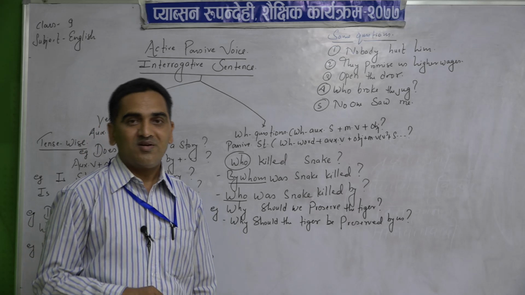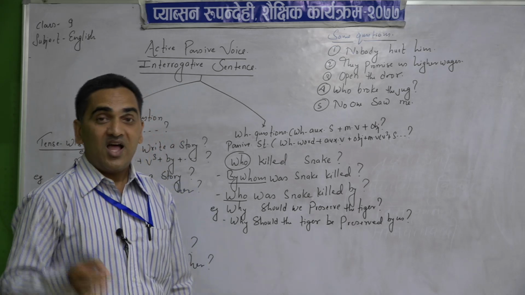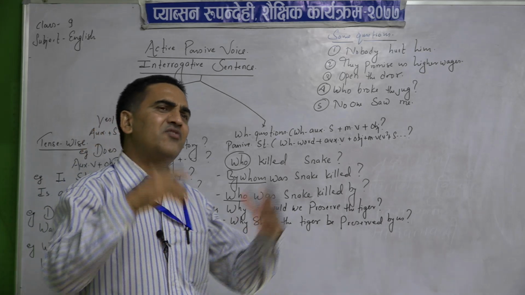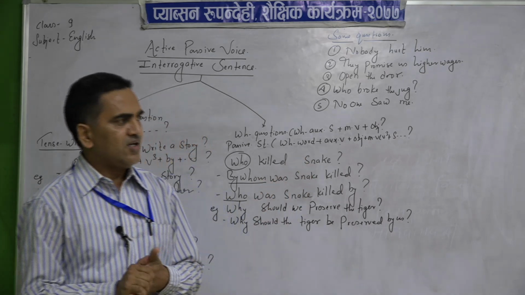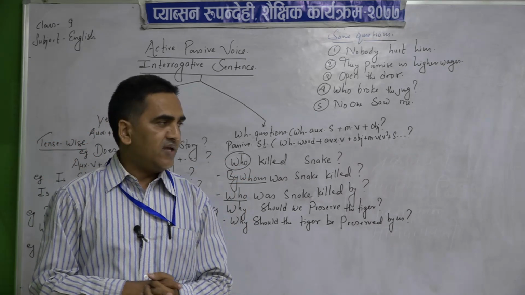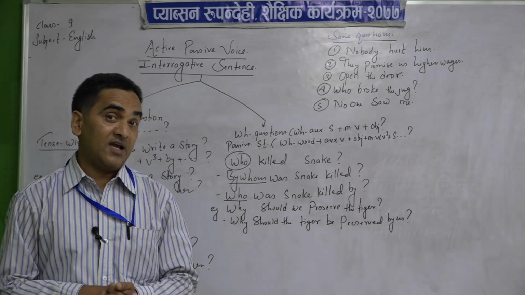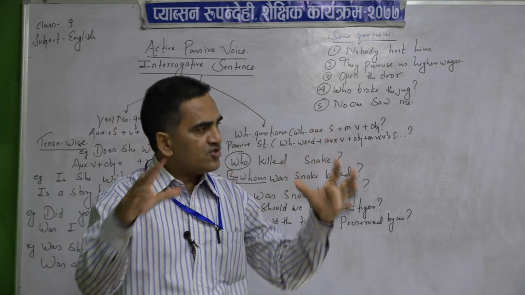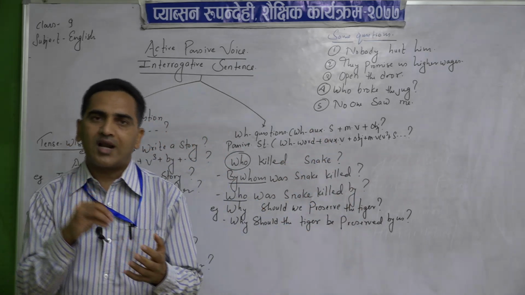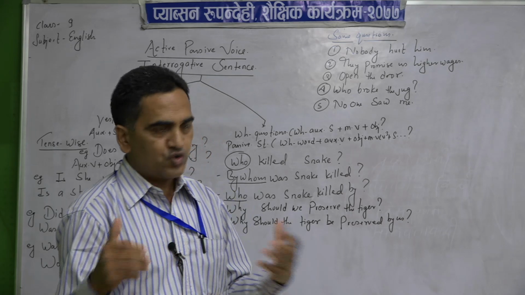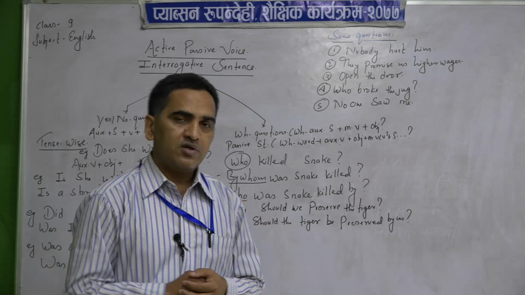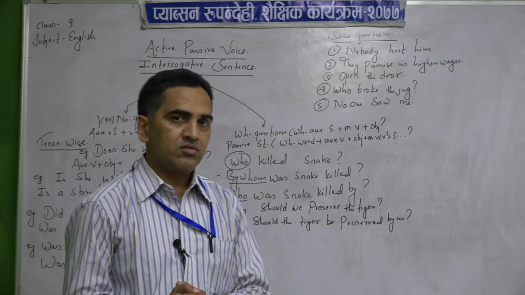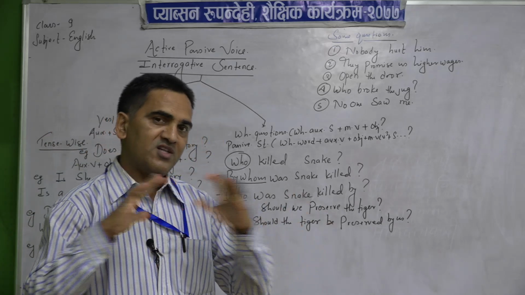We can say passive. No, it can be changed like this: honey is sweet when it is tasted. Okay, and there are different rules. If you go to higher classes, you will also learn being and having, different rules are there. Major rules which are important for class 9 and 10, I told you, you just go on revising, watching television, seeing videos on YouTube, and you must be clear.